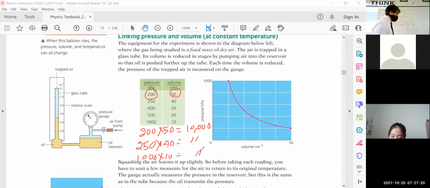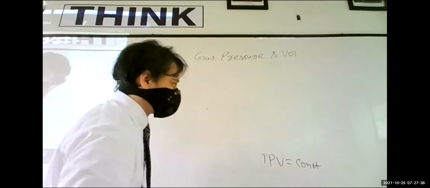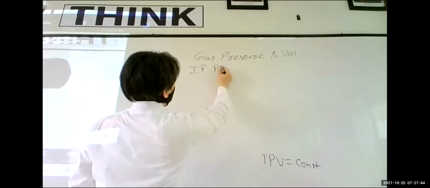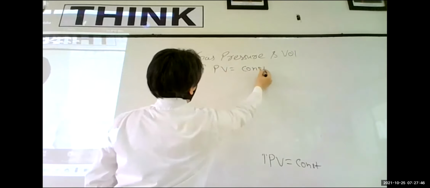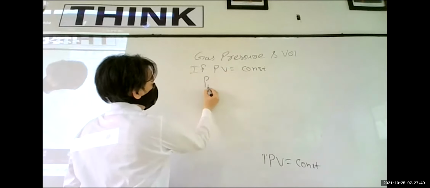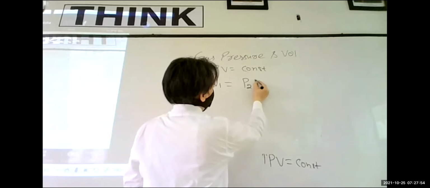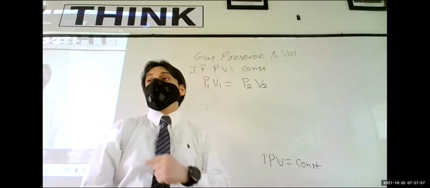Now, if we have this equation, PV equal to constant, children, I can further write this equation in another form. And what is that other form, children? Now, see here. If PV is equal to constant, I can write that the product of pressure and volume at one stage is equal to the product of pressure and volume at any other stage.